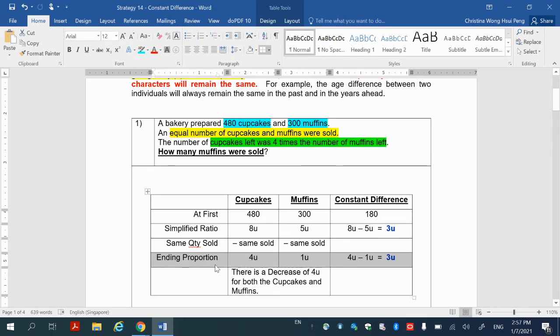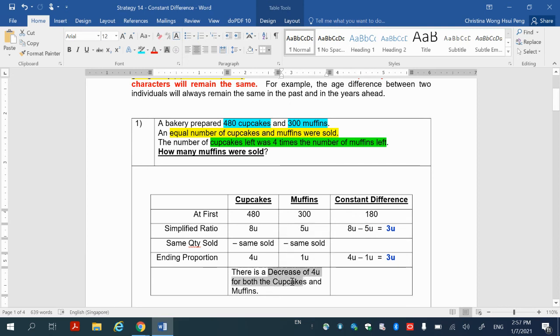So I like to use the word ending proportion because this tells me that cupcakes is 4 times the muffins. As you can see, the 8 units minus what was sold, I end up with 4 units. So there is a decrease of 4 units. And likewise for the muffins, there is also a decrease of 4 units.